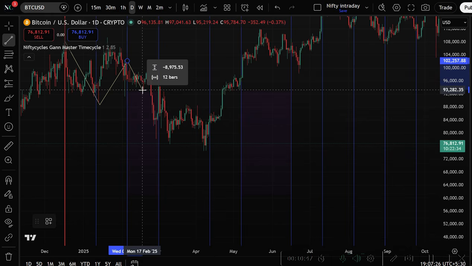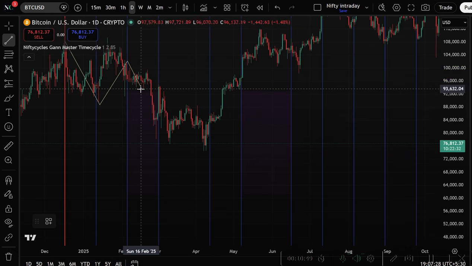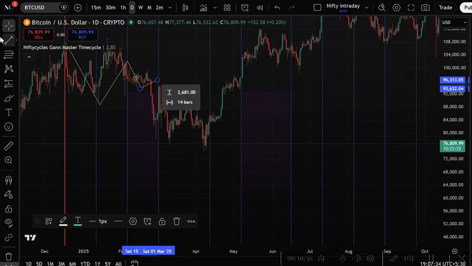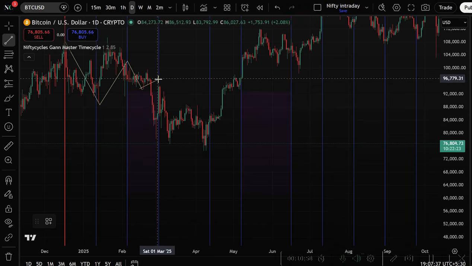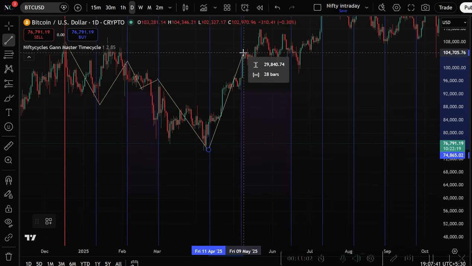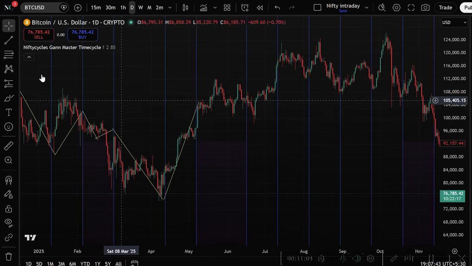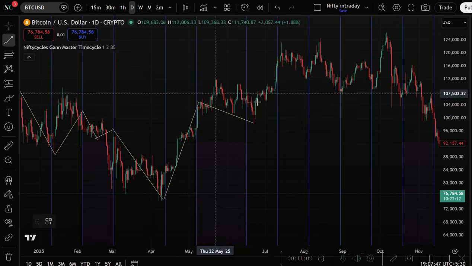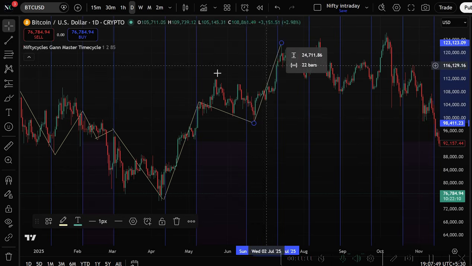Maybe this inverted here. This is a low to high, because this is the inversion zone, right? So this is a low, this is a high. We need to get some kind of consistency. That is what I am looking for.